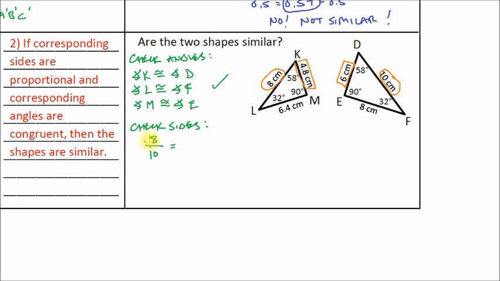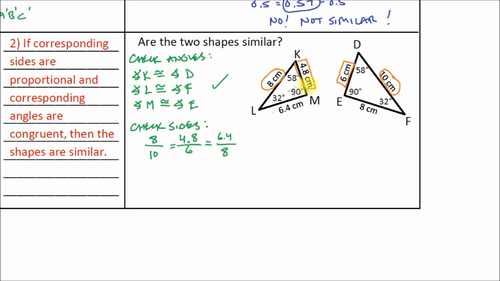Notice, if the 8 came from the left triangle, then the 4.8 has to come from the left triangle as well. You can't flip them around. Once you put the left triangle on top and the right triangle on bottom, then every other ratio has to have left triangle, right triangle. So 4.8 matches up with our other rectangle, which is 6. And that equals, okay, our unmarked side for our first triangle is 6.4, and that matches up with 8.